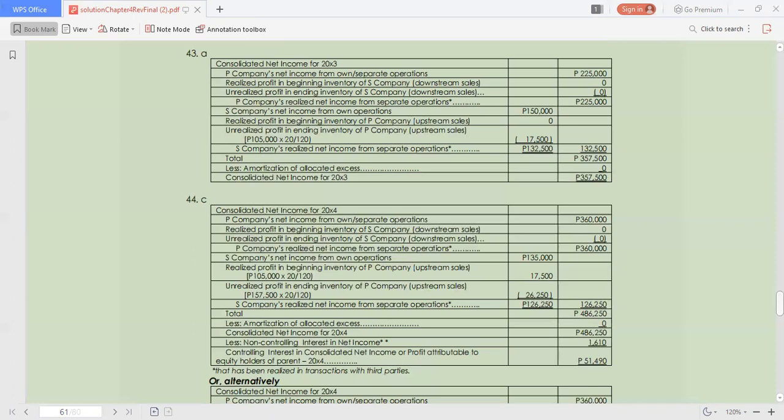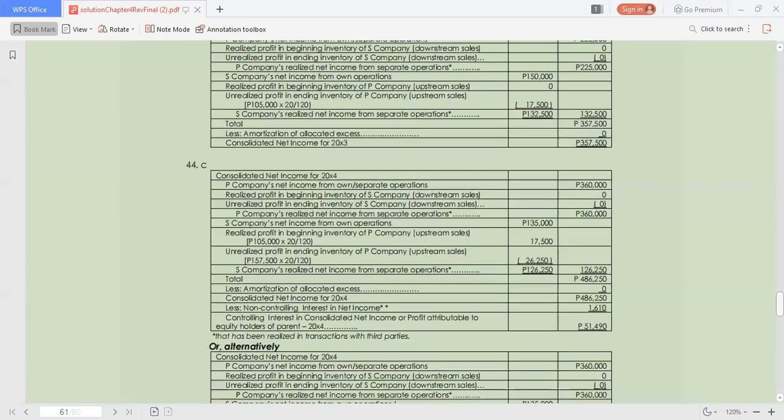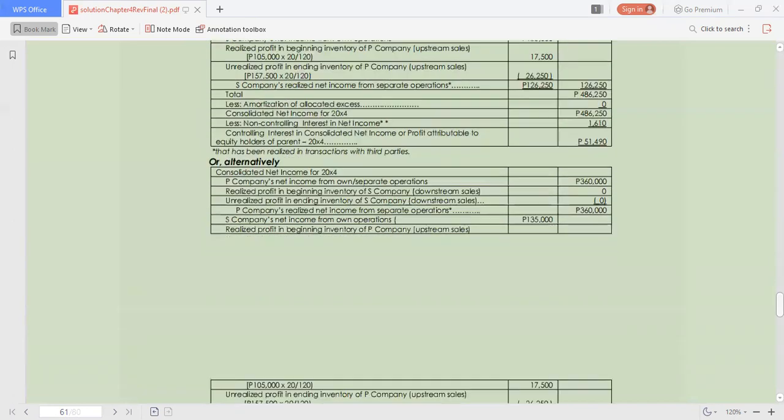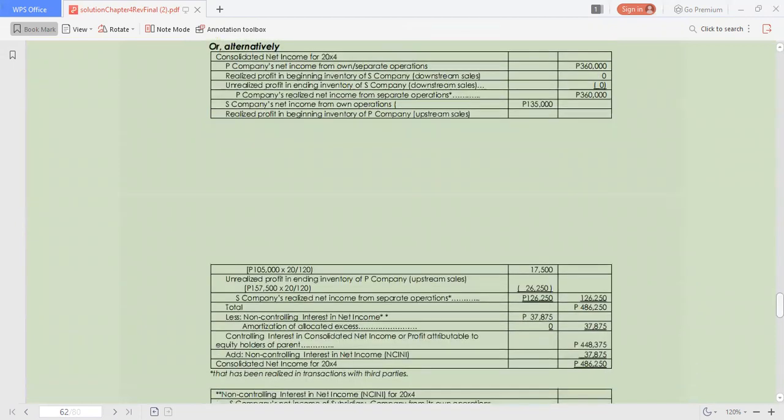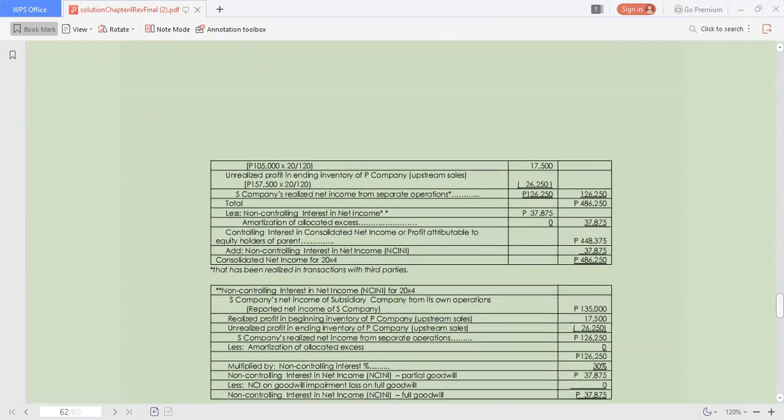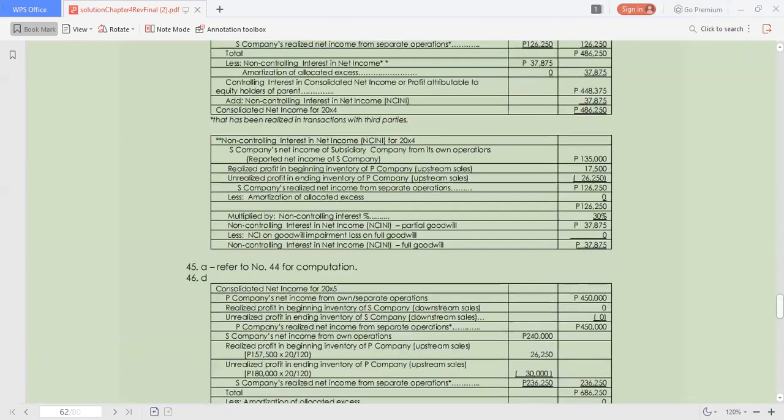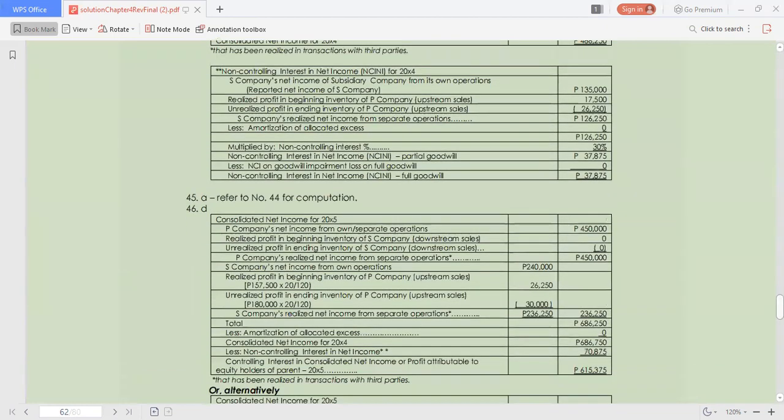Now, the non-controlling interest for 20x4. So when we have the non-controlling interest in net income that we have to determine, the non-controlling interest net income is 70,875.